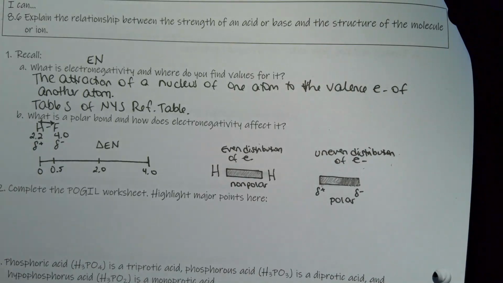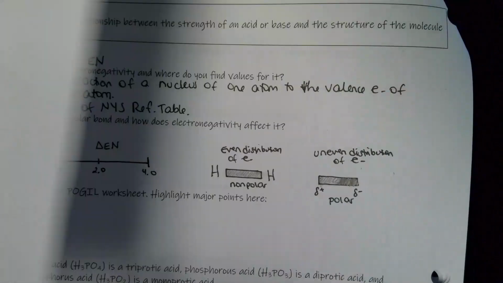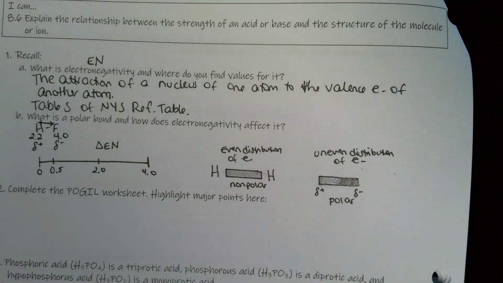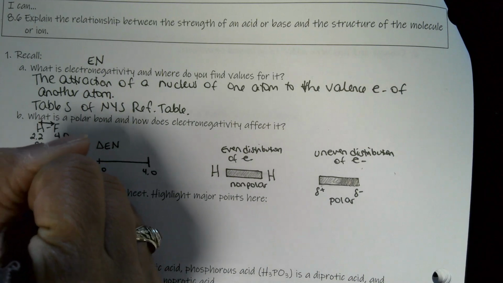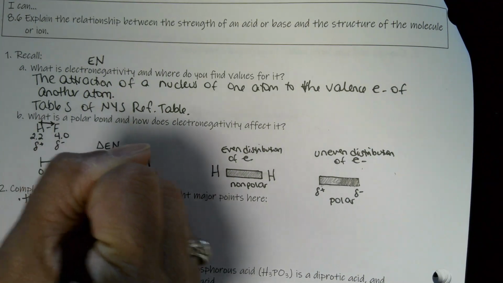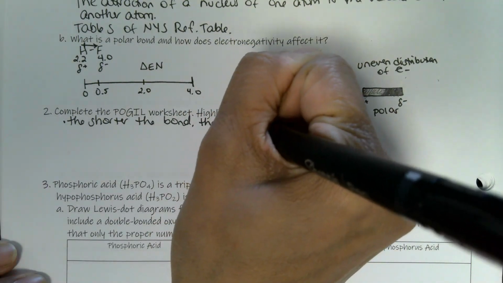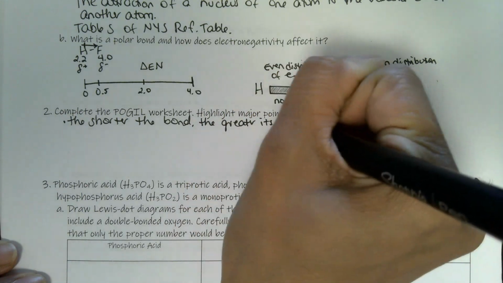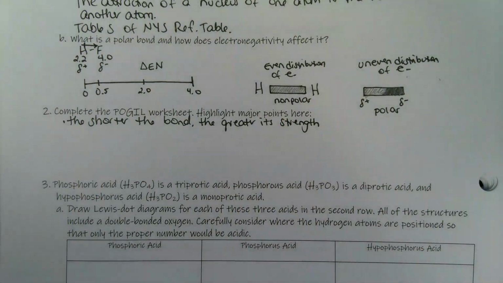So hopefully, ideally, you've done this little POGO worksheet. And when I say POGO worksheet, I mean this one that deals with strength of acids. So some major points that we would talk about: the shorter the bond, the greater its strength. So it's going to take way more energy in order for it to deprotonate.